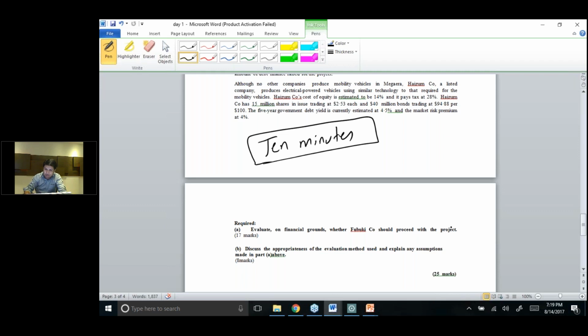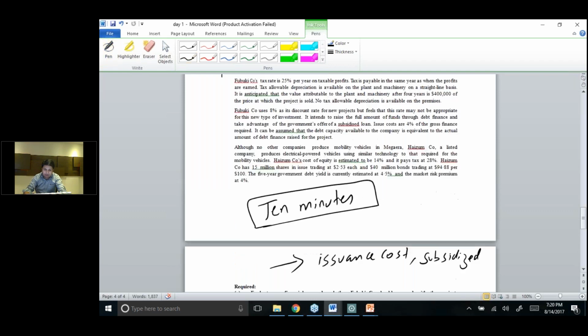But let's say if you are stuck in the exam and you can't remember the basic requirement of APV, just remember one thing. If there is issuance cost, if there is subsidized debt, that means that question is for APV, not for NPV. Okay, let's have a look at the question.